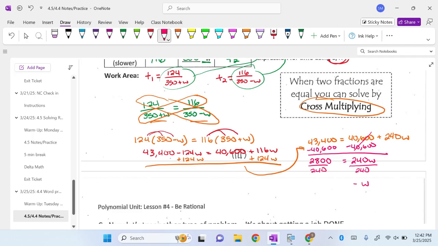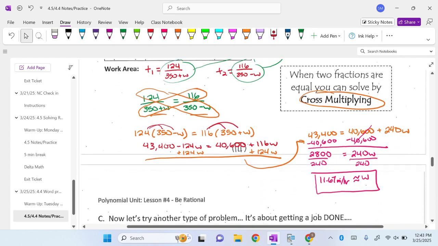So what's W equal to? 11.67. All right, so it's a rounding, so we're going to say it's approximately 11.67 miles per hour. So that's how much our wind was that day, which makes sense in terms of the problem.